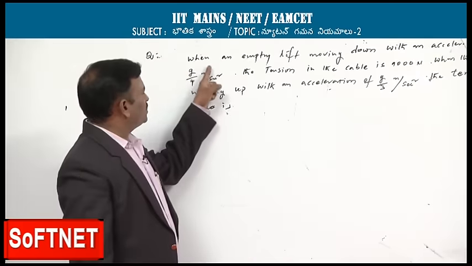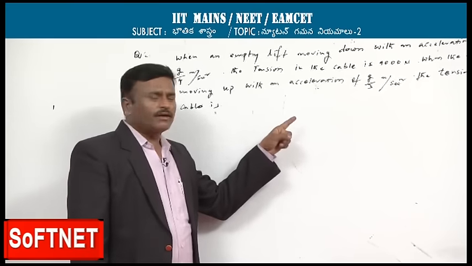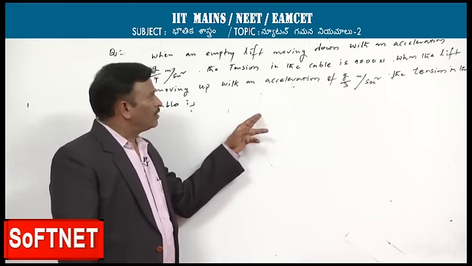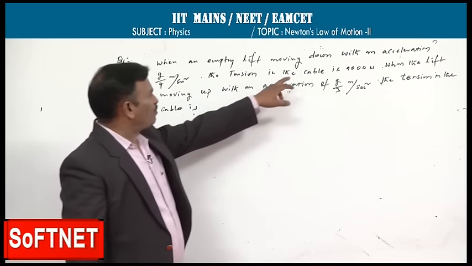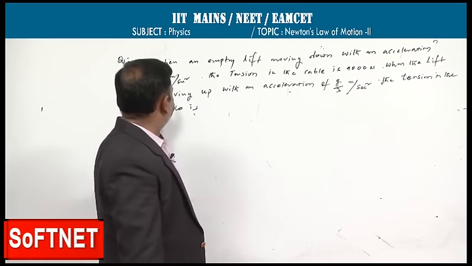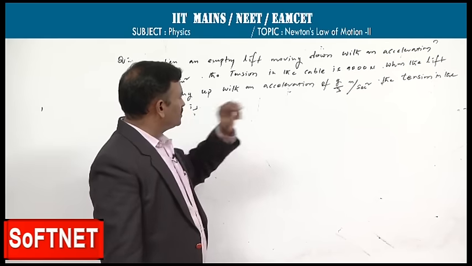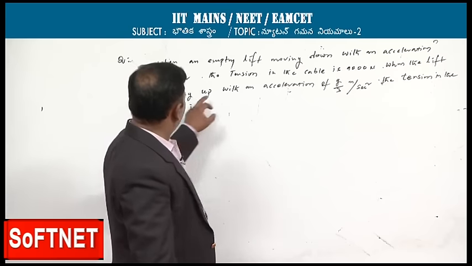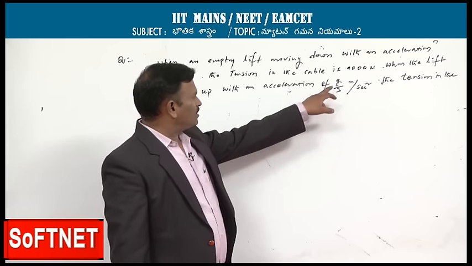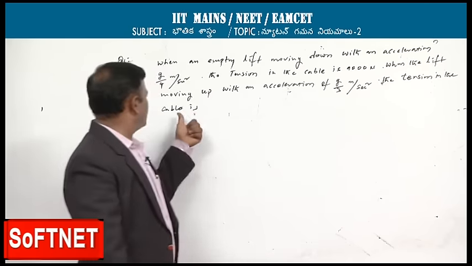Then the second question, also based on the lift. The question is, when an empty lift is moving down with an acceleration g by 4, the tension in the cable is 900 newtons. When the lift is moving up with an acceleration g by 3, then what is the tension in the cable?